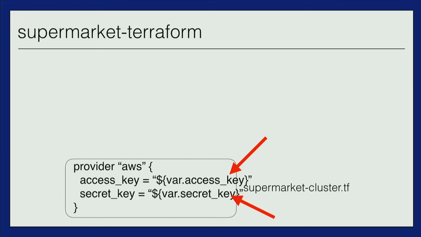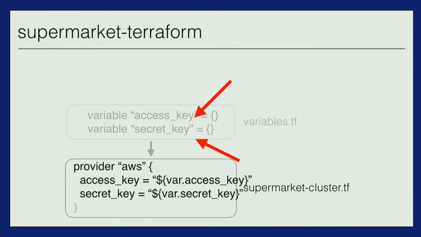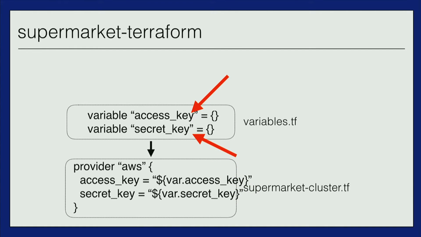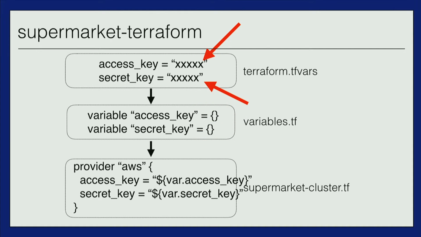If I'm spinning up my infrastructure in AWS, I need to include things like my AWS access key and my AWS secret key to get it spun up in the correct account. And I define these variables in a file called variables.tf. And then I provide the value for these variables in a file called terraform.tfvars. These are the default names for these files. So these three files are the core files of my Terraform config.